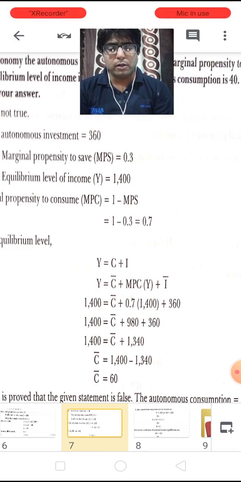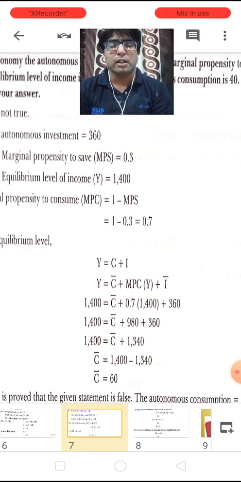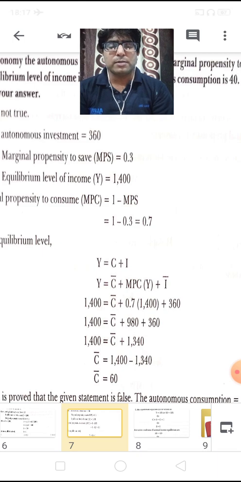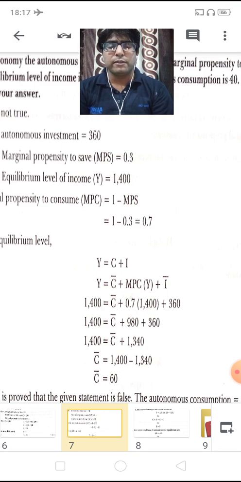When we add up all these things, on the left hand side we have the value of income, and autonomous consumption plus 1340, this is the value of consumption, and with the autonomous investment.